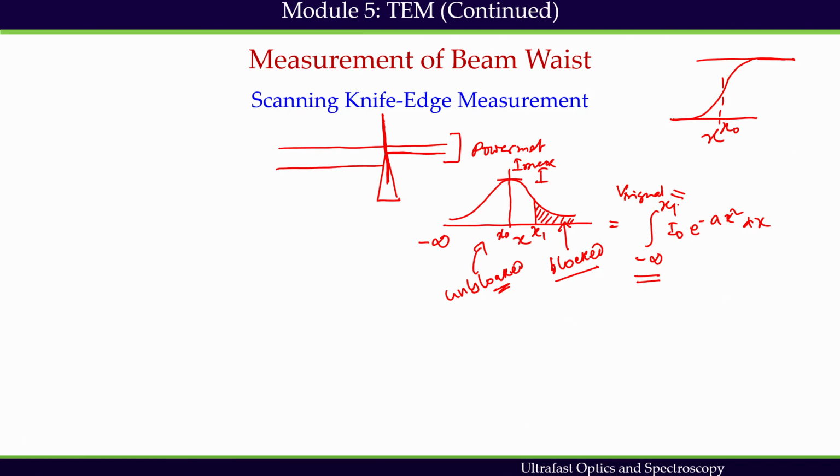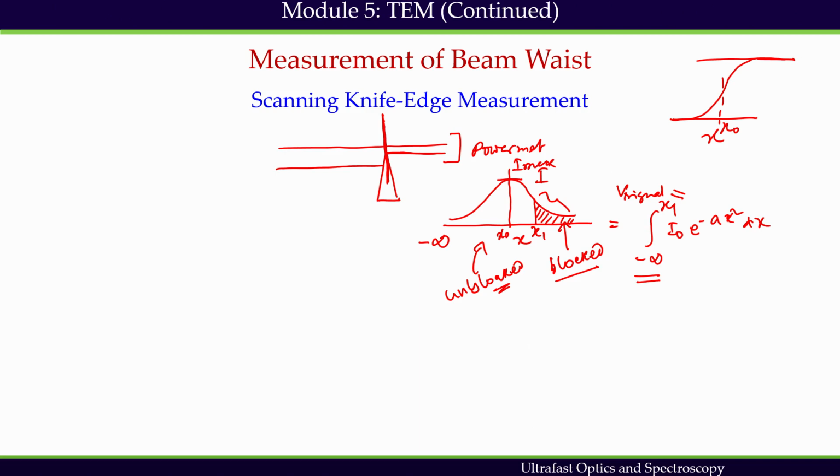Let us assume that a knife edge blocks everything at x equals x1. If this part is blocked, then the power meter records the energy of the beam which is unblocked. This is nothing but the area of the Gaussian from minus infinity to x1, because the power detected by the power meter is directly proportional to the area under the Gaussian from minus infinity to x1.